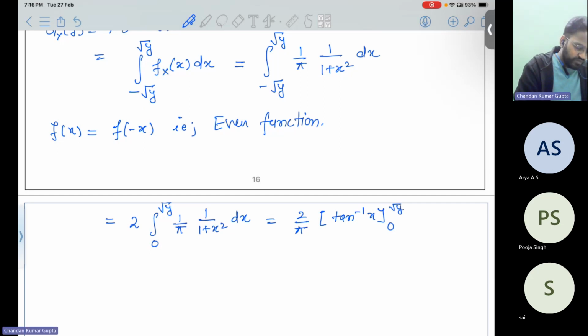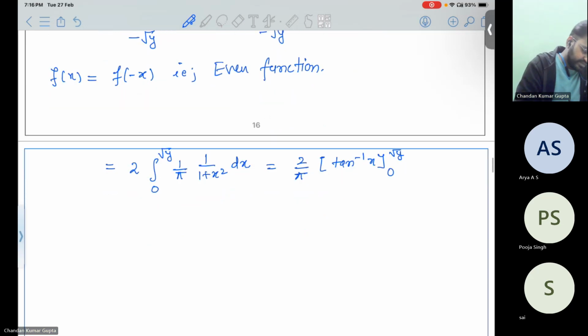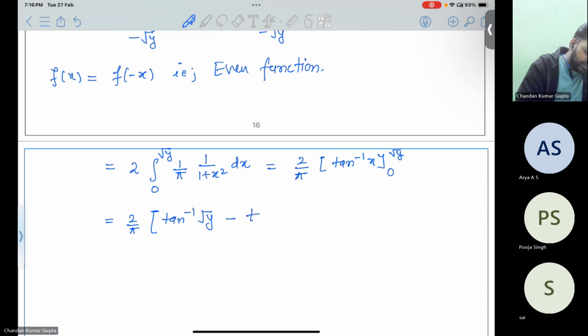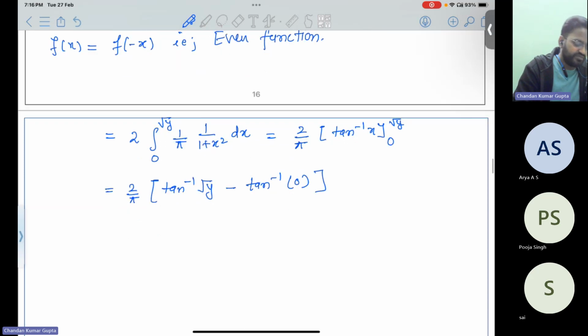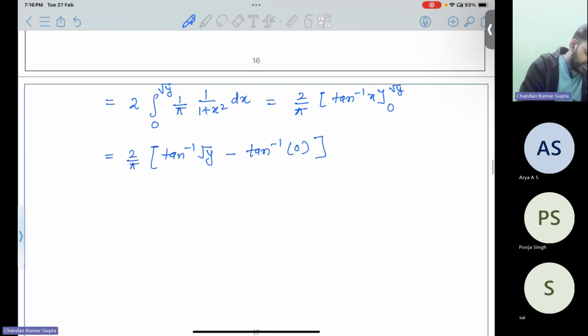So we may write this as 2 upon pi times tan inverse root y minus tan inverse 0. Tan inverse 0 is 0 actually, so you may write it like this: 2 upon pi tan inverse root y.